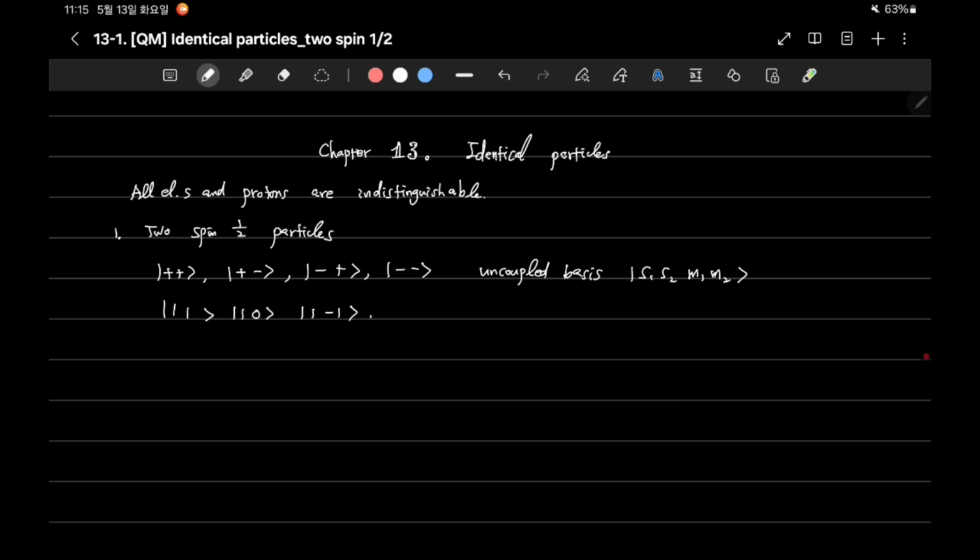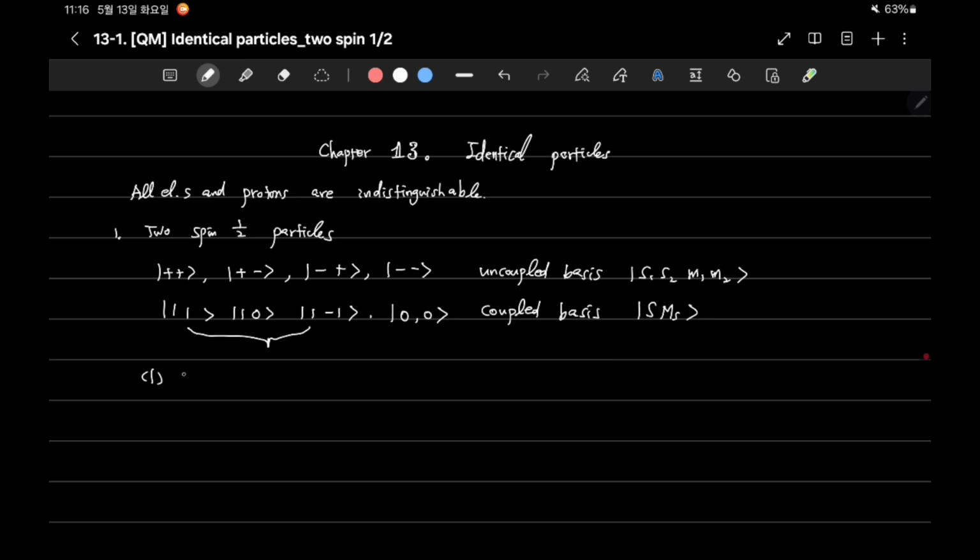But in the S equal to 0 case, there is only the 0, 0 state. This is the coupled basis, written as S and the corresponding MS.